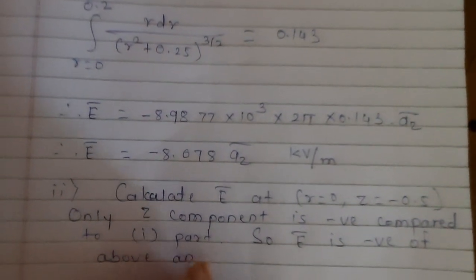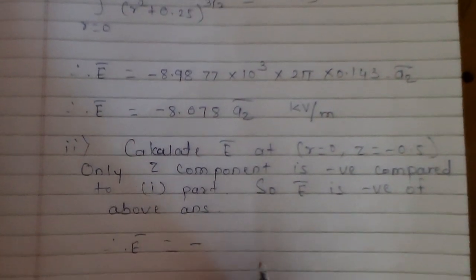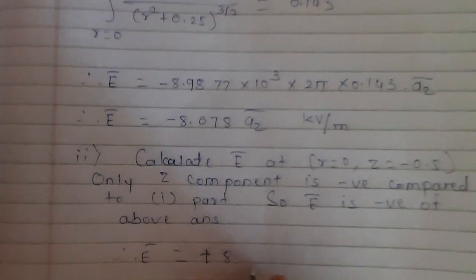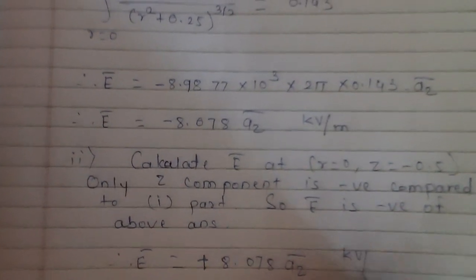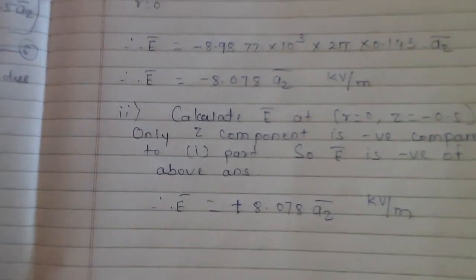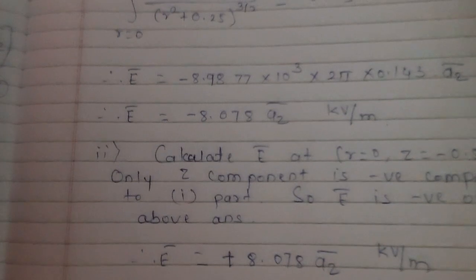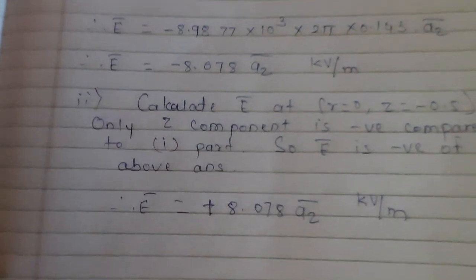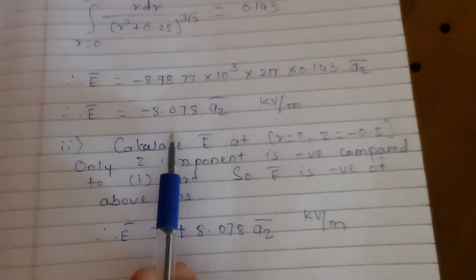So E bar is equal to minus, this is already minus, so minus of minus is plus. It is 8.078 az bar kilowatt per meter. So this is the answer, as negative of negative is positive.